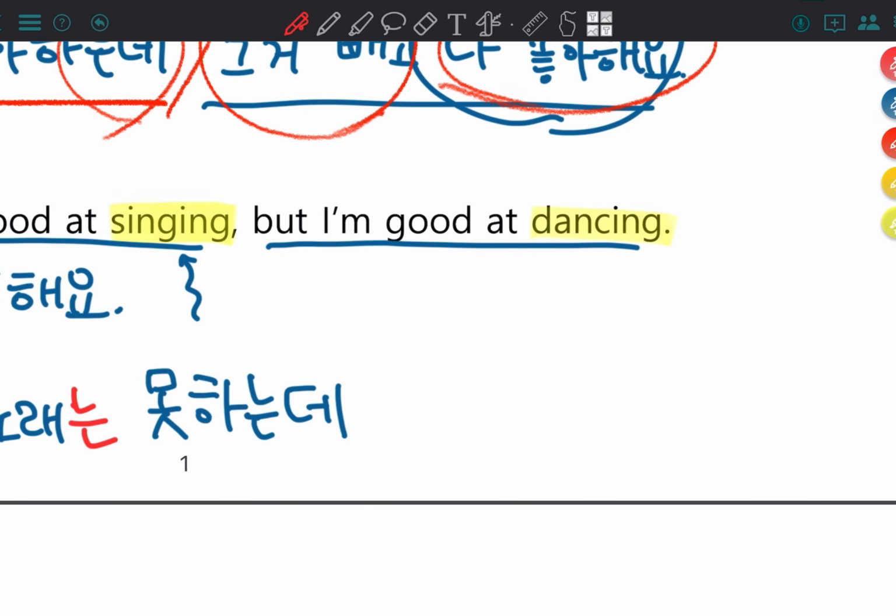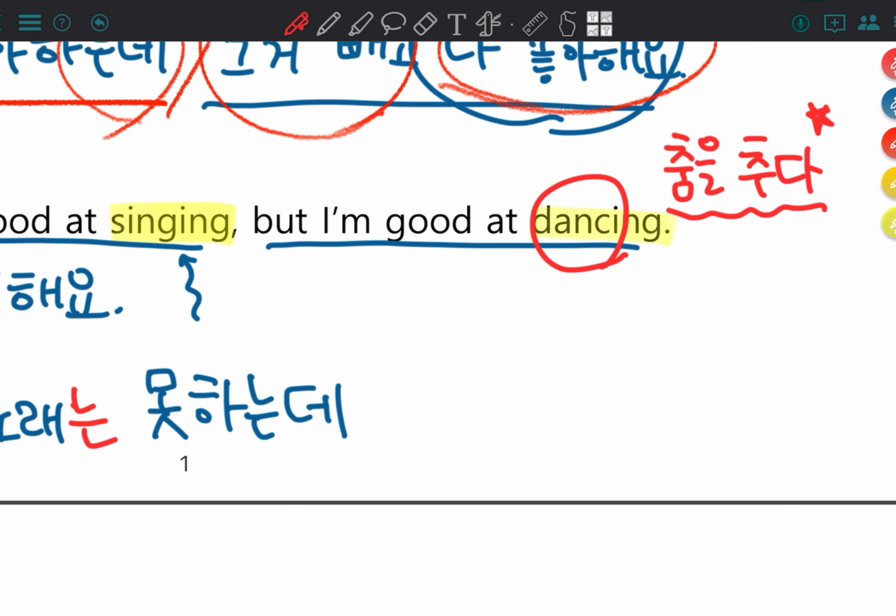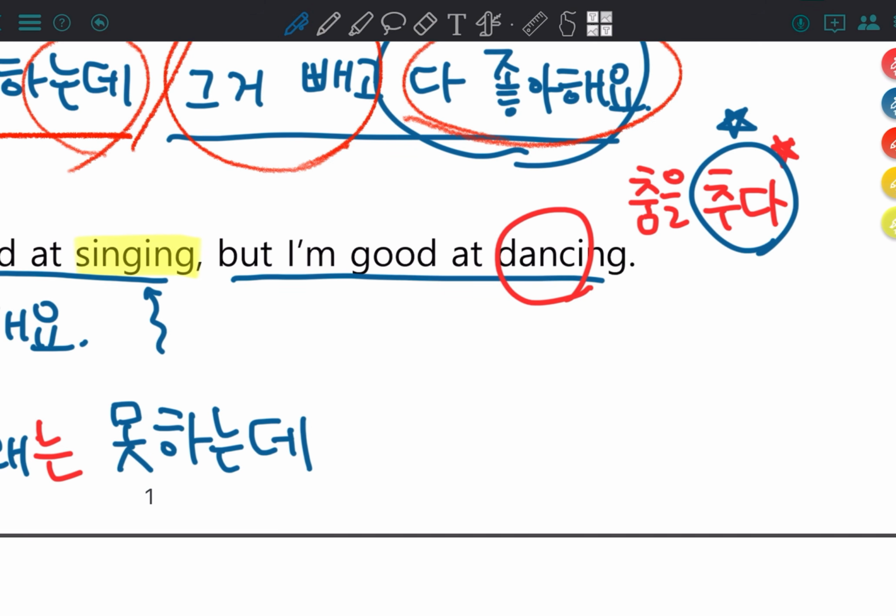Oh, so one more thing to mention. To dance is 춤을 추다. And for some nouns, like 춤, you have to use its corresponding verb when you say you are good at something. So we wouldn't say 춤을 잘하다 to mean to be good at dancing, but rather we would say 춤을 잘 추다.